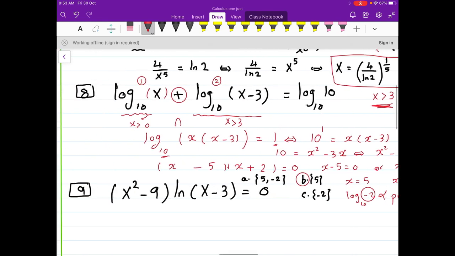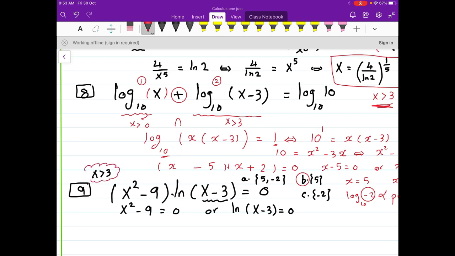Okay. To solve the equation, x squared minus 9 times ln of x minus 3 equals 0. Obviously, the domain inside the ln must be positive, so the domain for this equation, x greater than 3. The product of two functions is 0. This means x squared minus 9 equals 0 or ln of x minus 3 equals 0.